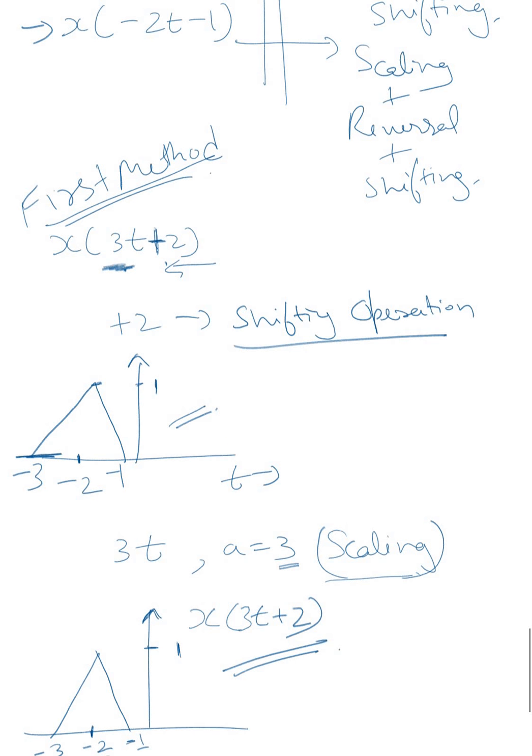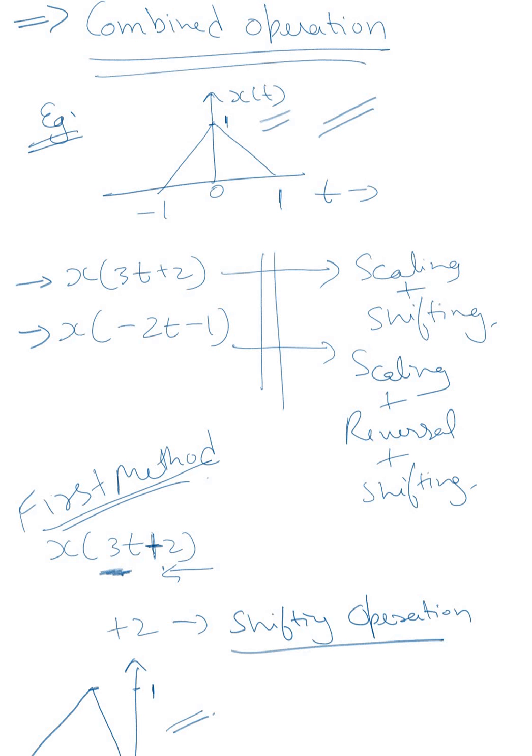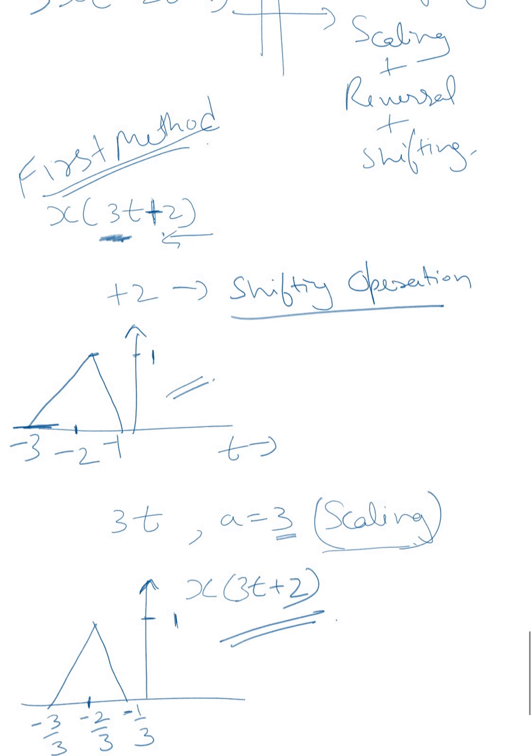The first method is when we start the implementation from the right hand side. We can implement the transformations one by one. In this case, the first transformation was the shifting operation by plus 2, so we implemented it over this signal x of t, which resulted in this signal. We can name this signal x1 of t.